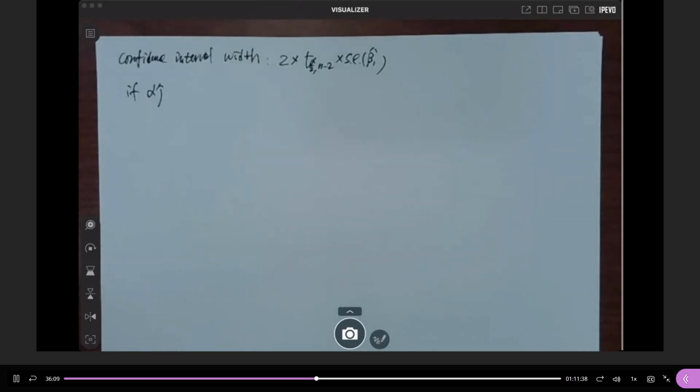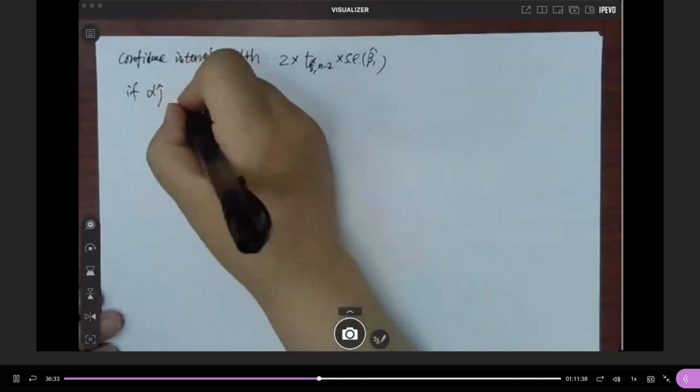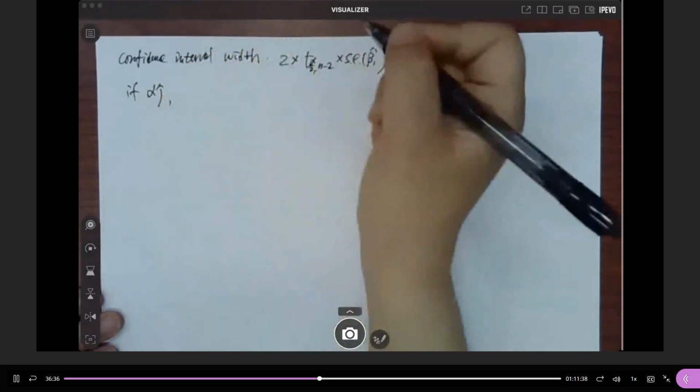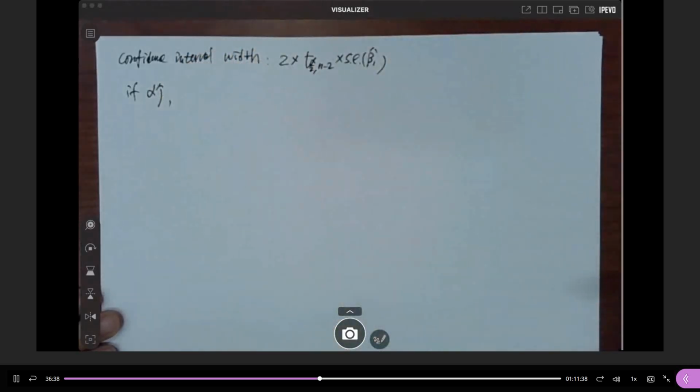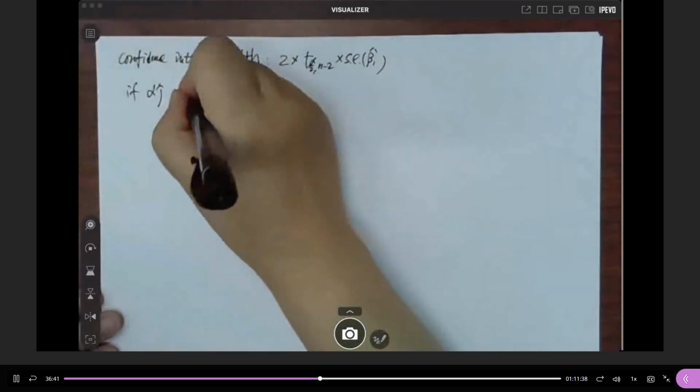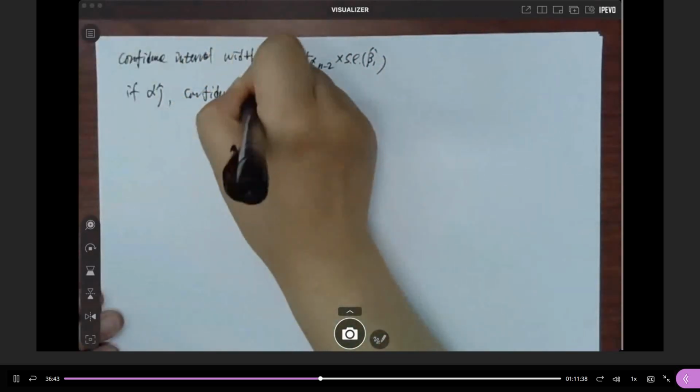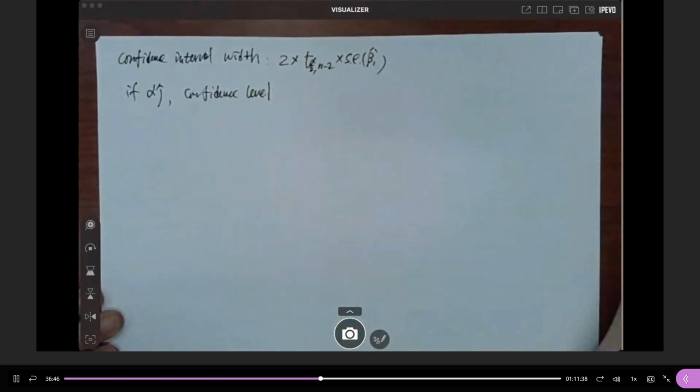First of all, as alpha increases, does your confidence level increase or decrease? Your confidence level is 100 times 1 minus alpha percent. Remember, alpha is at the tail position. The area under the curve at the tail is alpha over 2. So as alpha increases, do you become more confident or less confident?